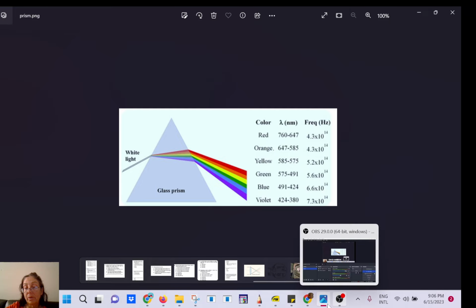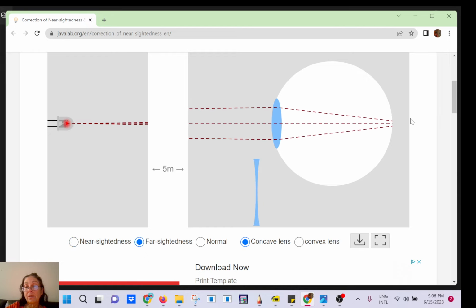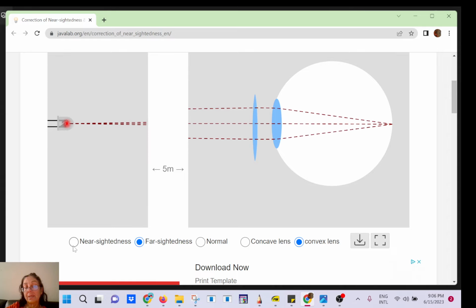Okay, so if we go back to the eye, if you have farsightedness, it means the image is beyond the retina, so you can help using a convex lens, which is just a magnifying glass, very, very cheap to buy at the dollar store for a few dollars.